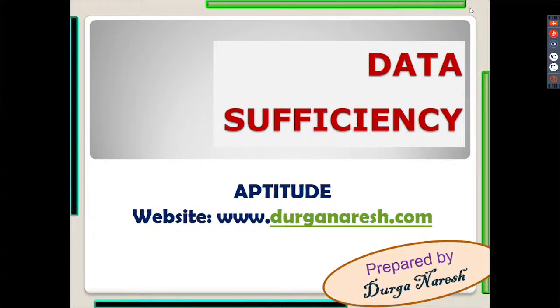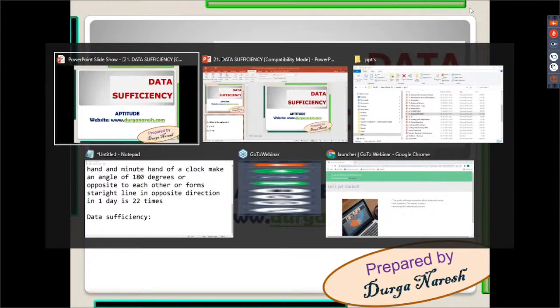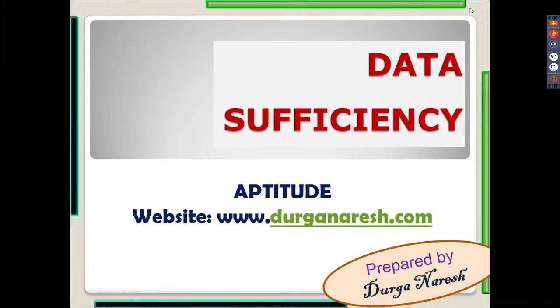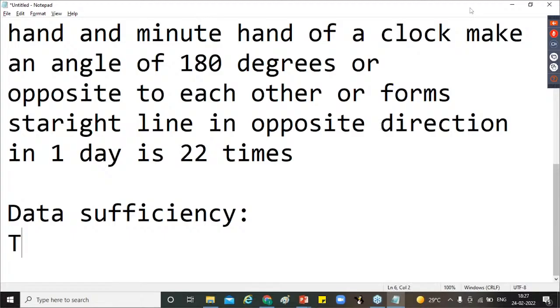Data sufficiency means whenever they give the question followed by 2 or 3 statements, we have to find whether the given statements are sufficient or not to find the answer for the given question.